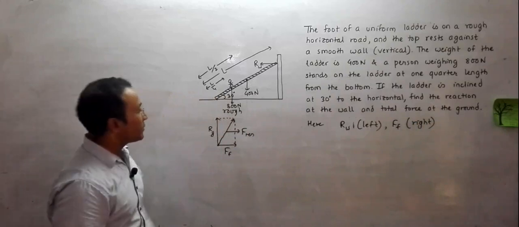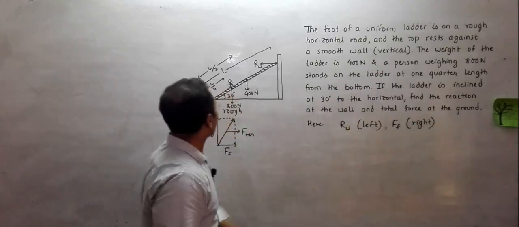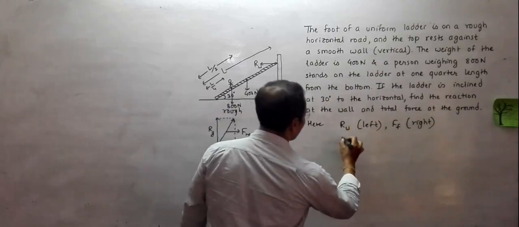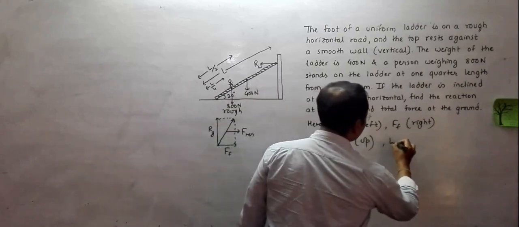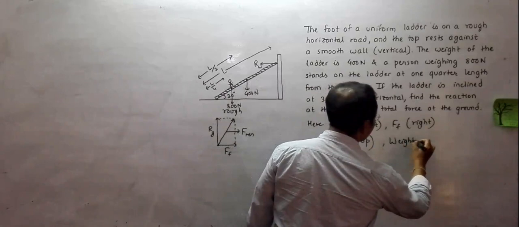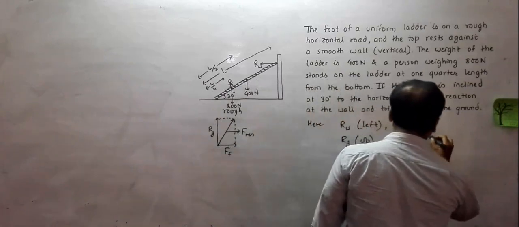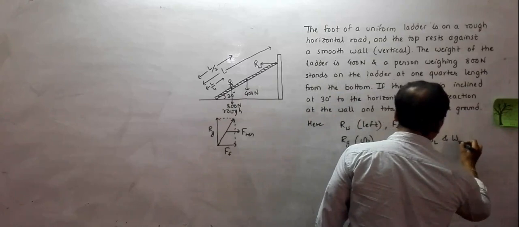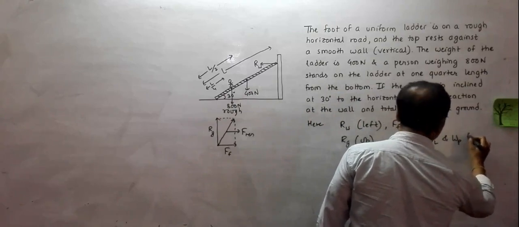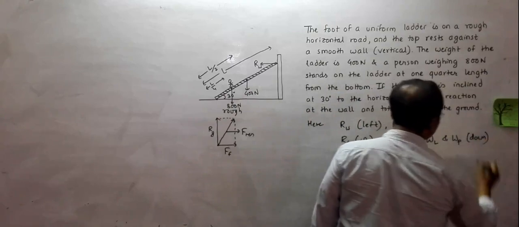In a similar manner, we have a reaction due to the ground acting up, and the weights, one the weight of the ladder and the other the weight of the person, are acting down.